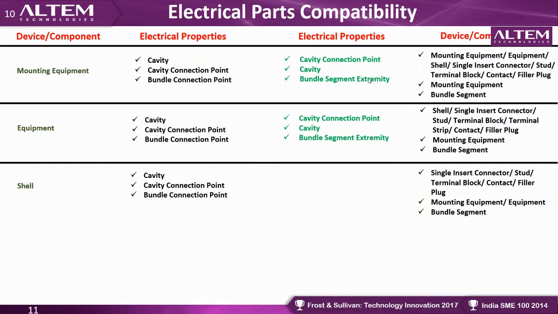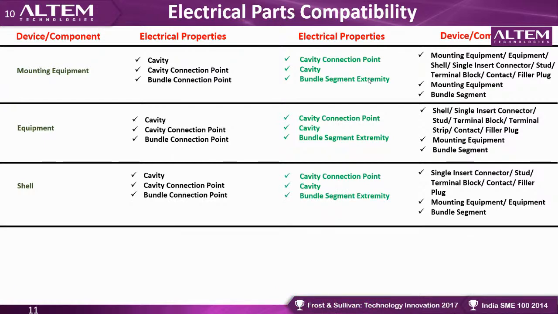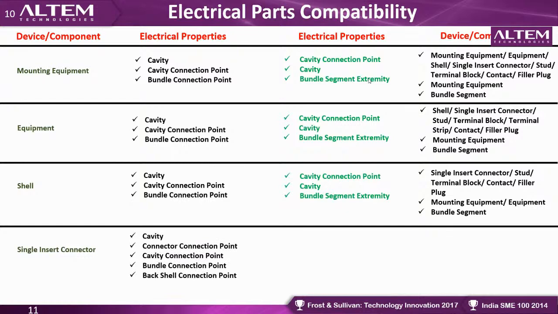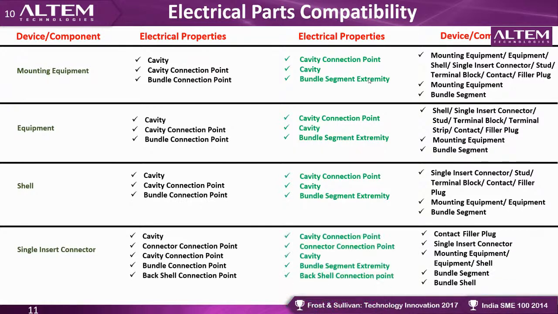Mating parts for shell are as per the mentioned parts, and they can have a cavity connection point, cavity, or bundle segment extremity. Single insert connector can have cavity connection point, bundle connection point, connector connection point, etc. And their mating parts can have cavity connection point, connector connection point, etc.